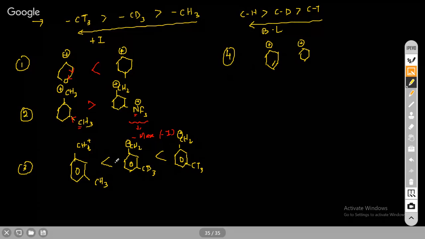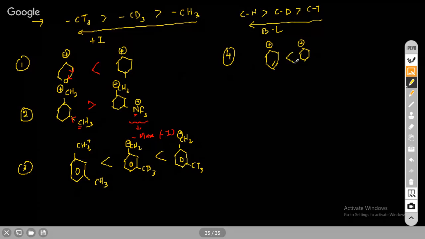Okay. What is the last one? Stability order? 2 greater than 1.